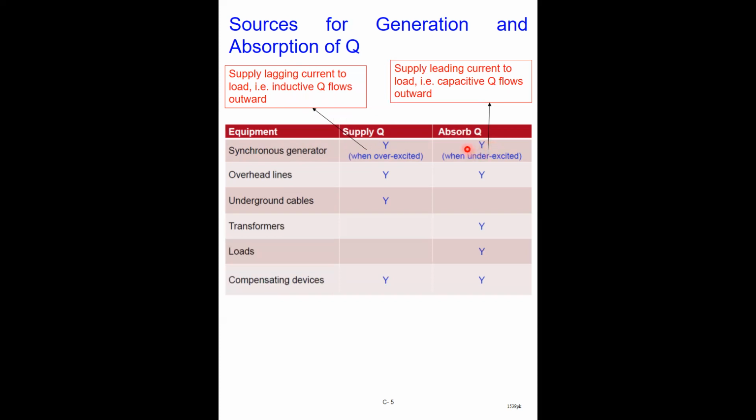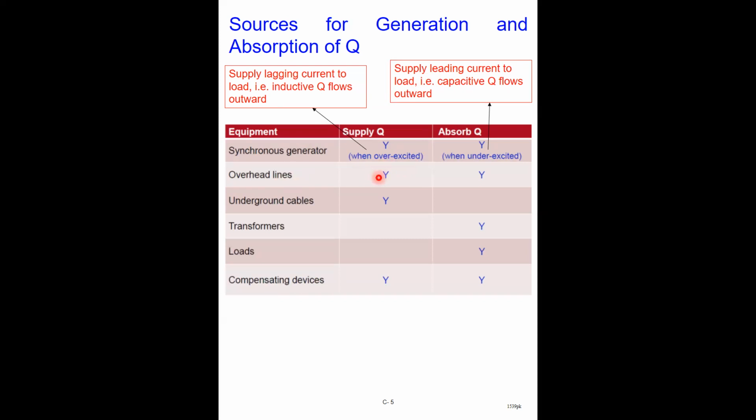We will rarely come across it in normal operation, but if the generator is underexcited, it will supply a leading current to the load, and the current flow from the generator will be capacitive reactive power flow.